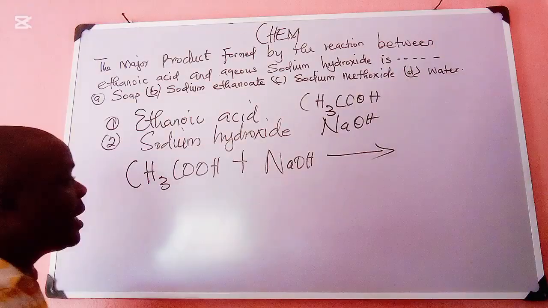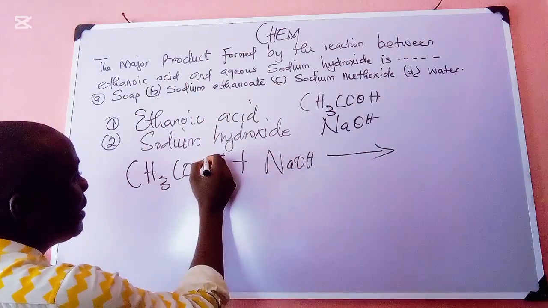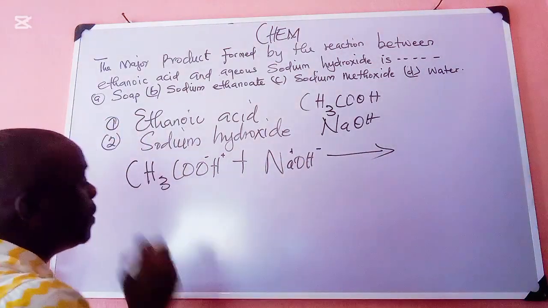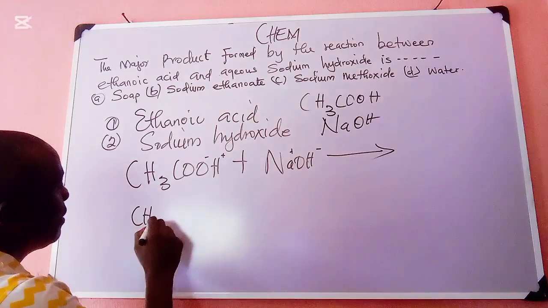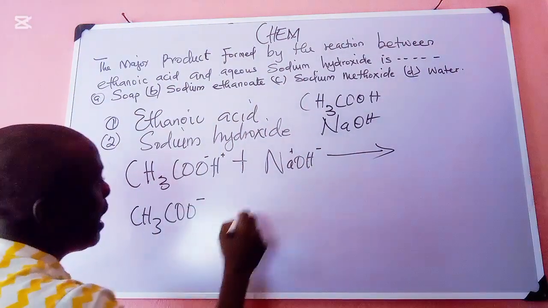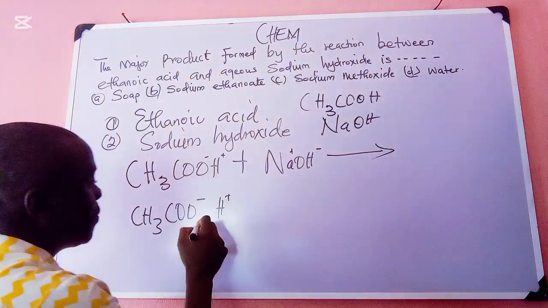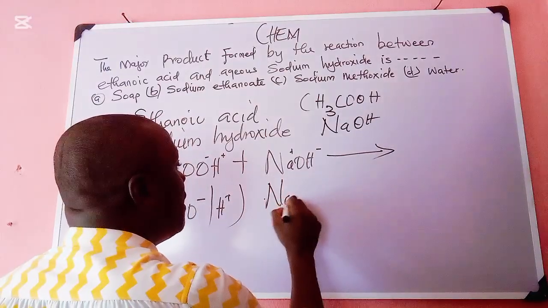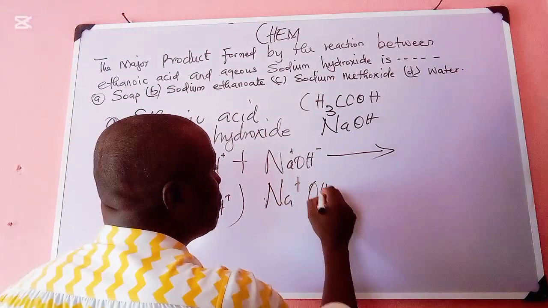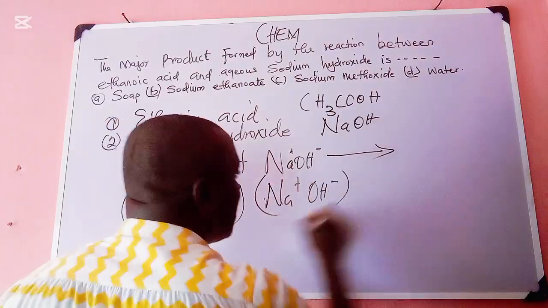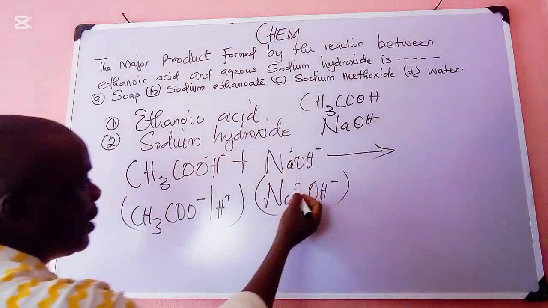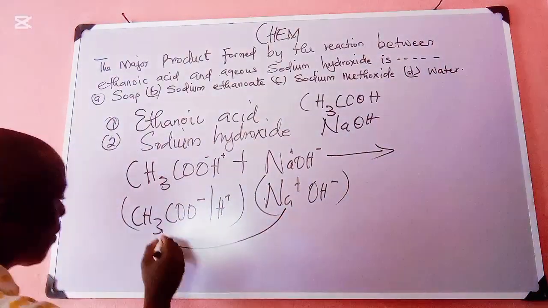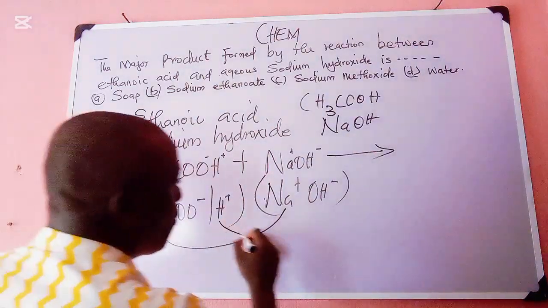During the chemical reaction, only these parts take part in the reaction. Here we have CH3COO with a negative charge, and the hydrogen is positive. Here we have sodium, which is positive, and the hydroxide group. So during the chemical reaction, the positive one moves to this, then this moves to this.